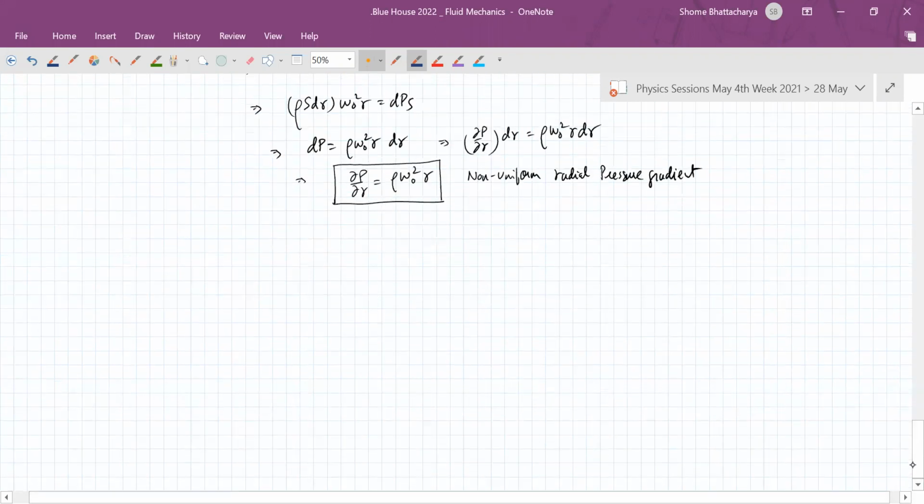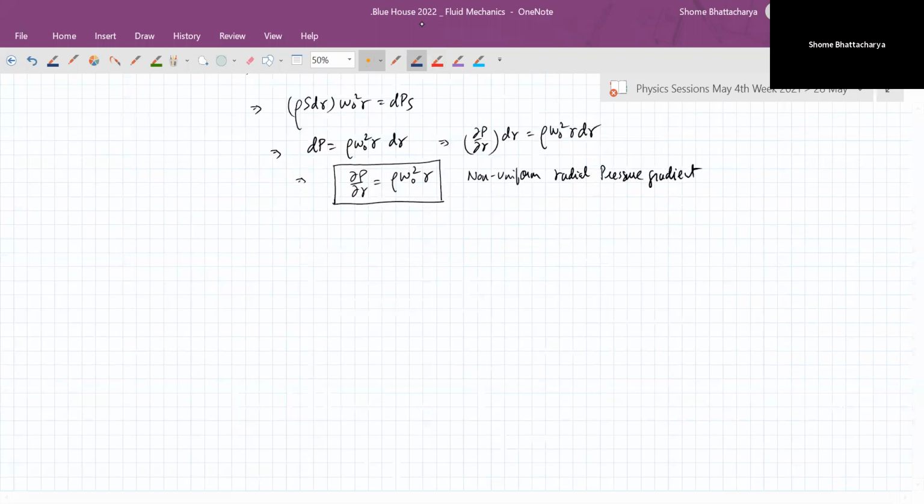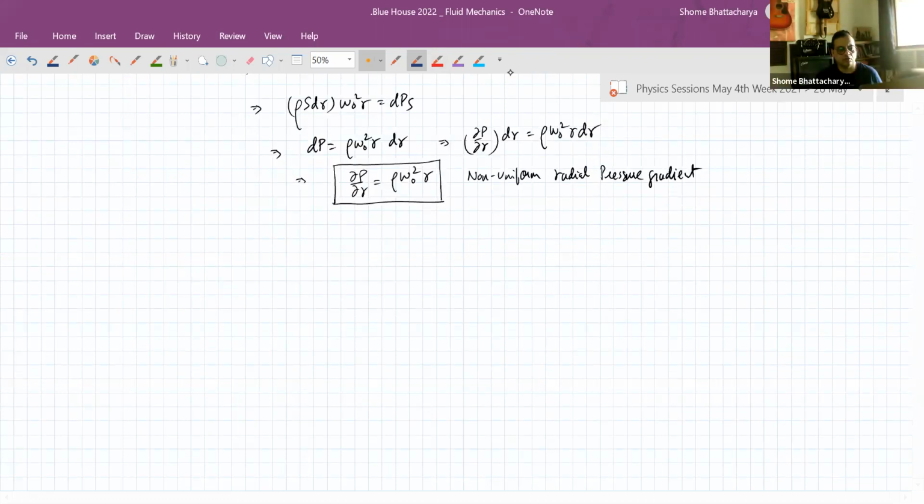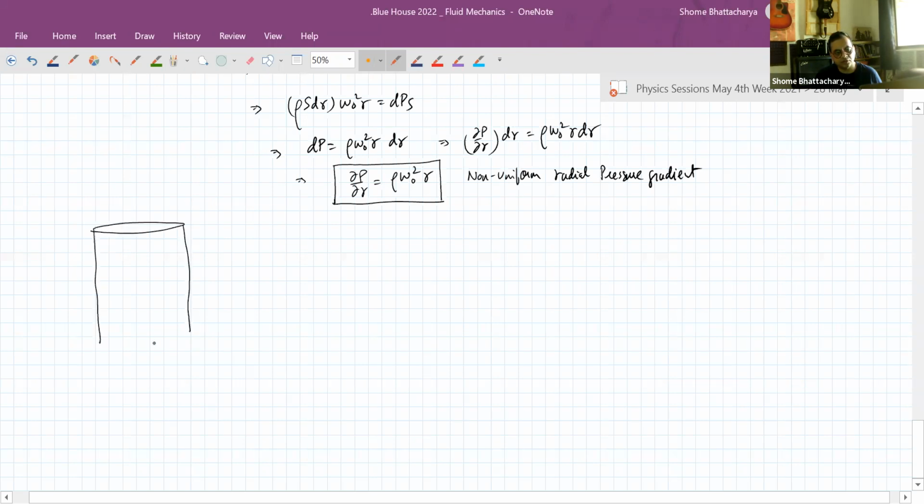Now of course the vertical pressure gradient is the same. We don't really have to change anything, the same as the derivation we had done on the first day of hydrostatics. The fact that it's a rotating tank doesn't make any difference to the vertical pressure gradient because centrifugal force acts horizontally.